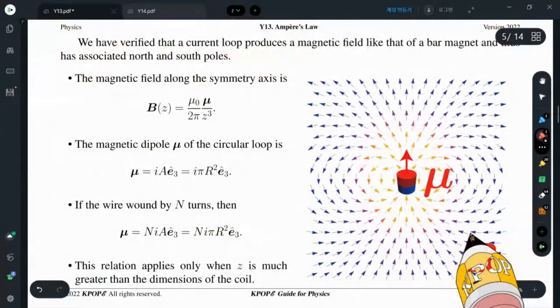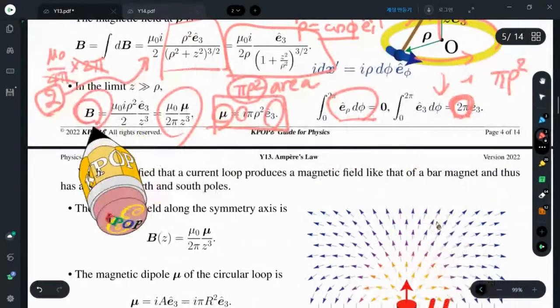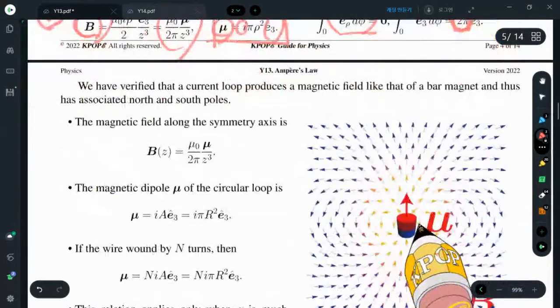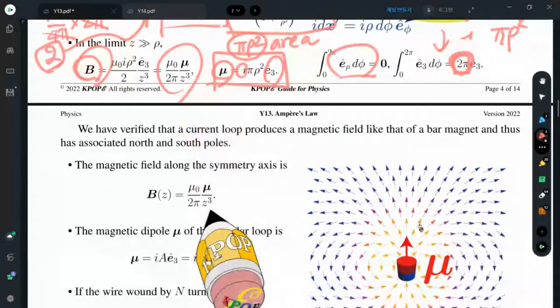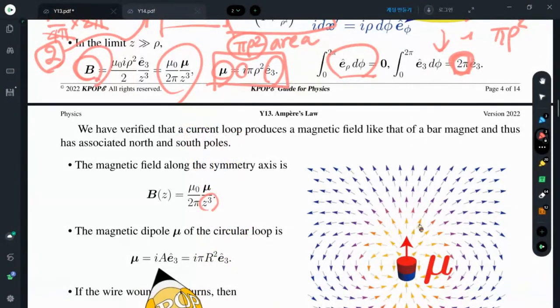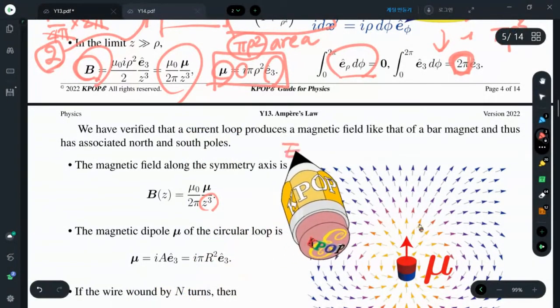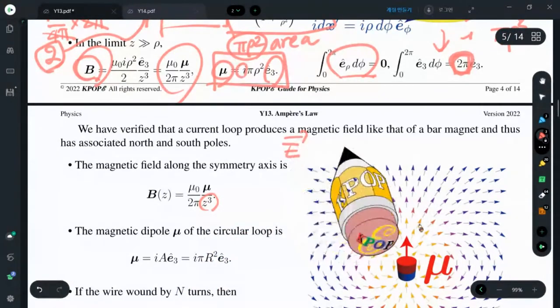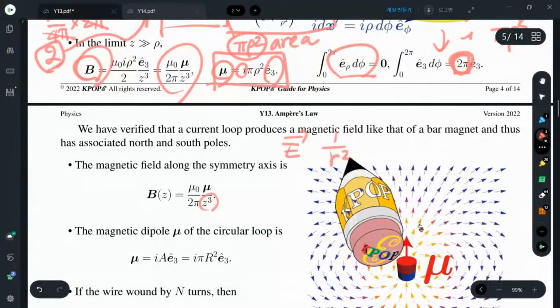Then it becomes like that. Next, the magnetic field here, we have z cubed. z cubed, you remember the electric field due to an electric dipole? The electric field due to an electric monopole decays according to 1 over 4 pi epsilon radius squared.